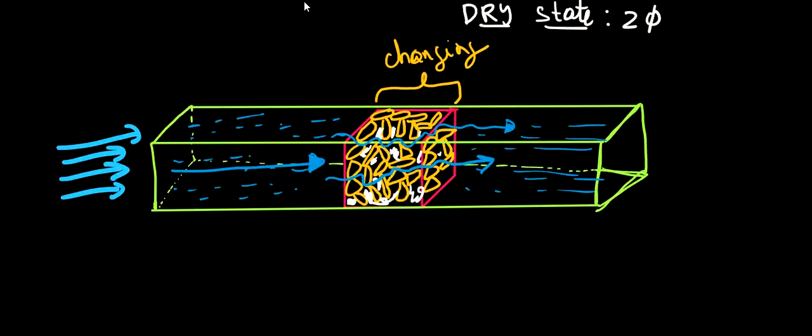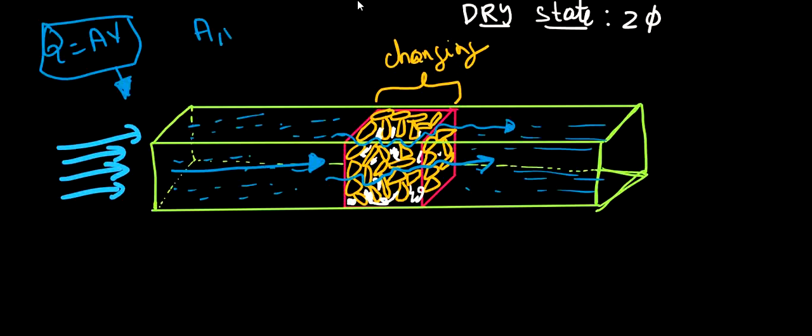Now we know from our basic knowledge of fluid mechanics that discharge is equal to area into velocity, and according to the equation of continuity, this discharge is always constant throughout the section, that is A1 V1 is equal to A2 V2.